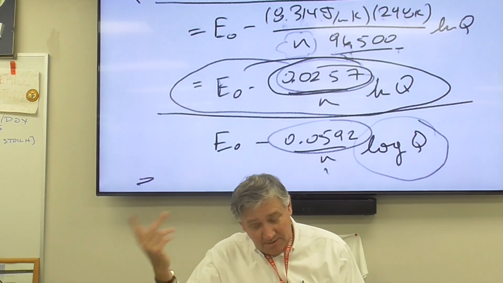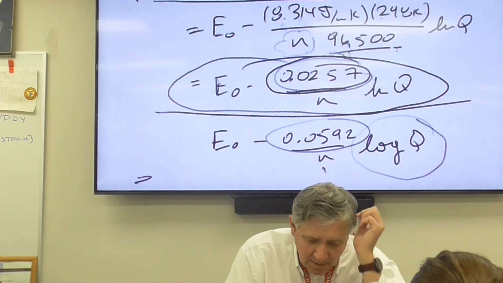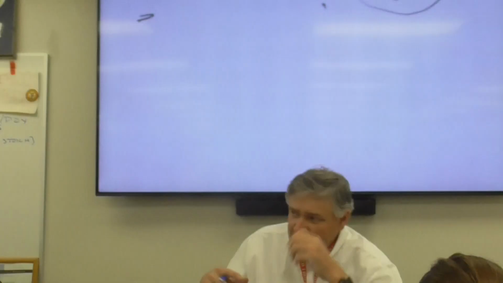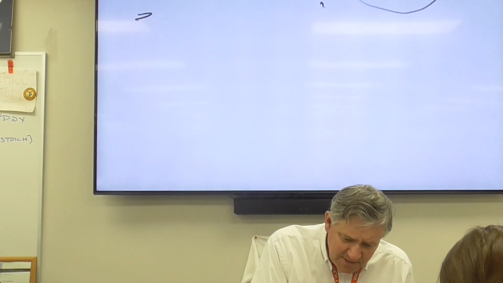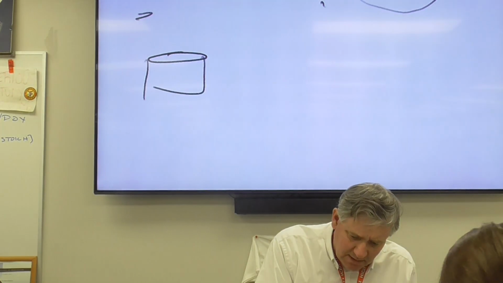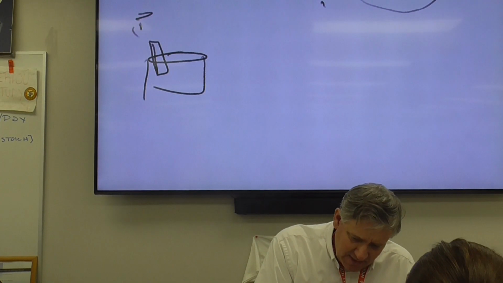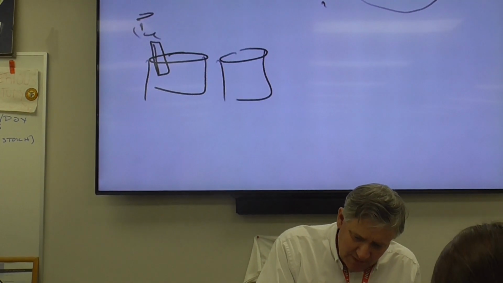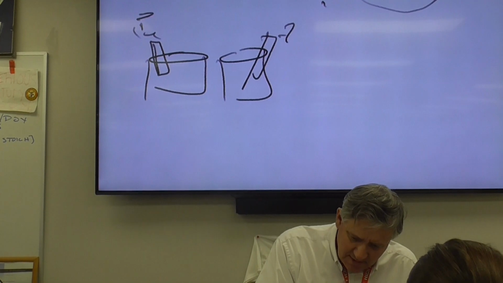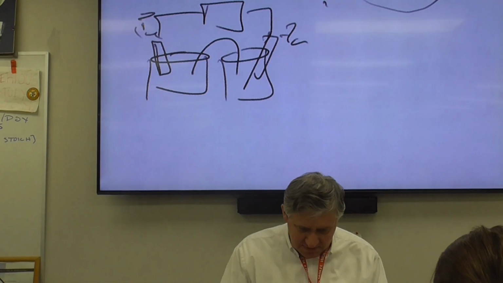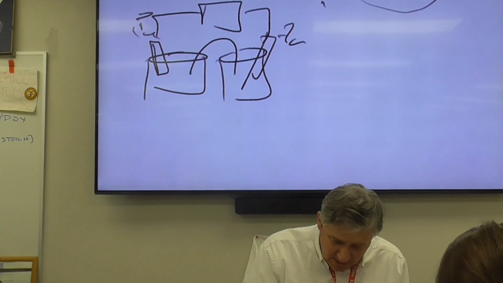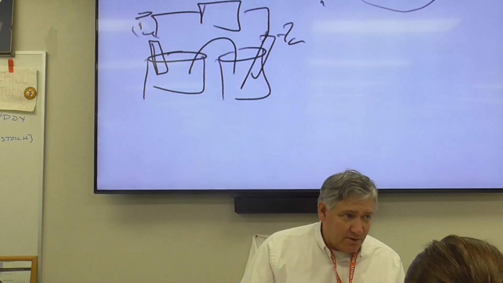So let's talk about what that actually means. The reason it's called Gibbs free energy is that if you set up a cell with copper, like one we've dealt with before, and zinc, and hook that up to a voltmeter with your salt bridge, those electrons are going to move. You're going to have a current.